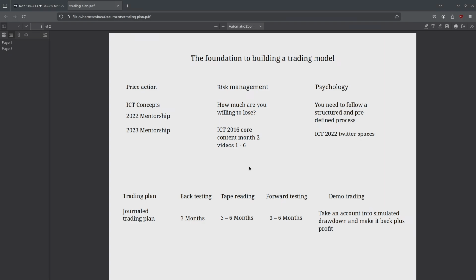It's important to note things like, what was the stop if you took the entry? What was the take profit? How much time did it take to go to the take profit?